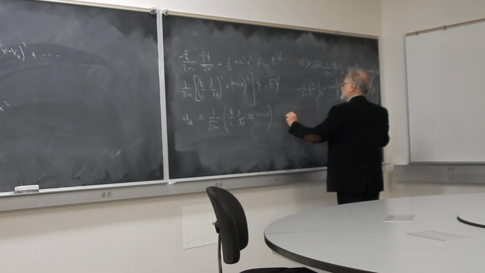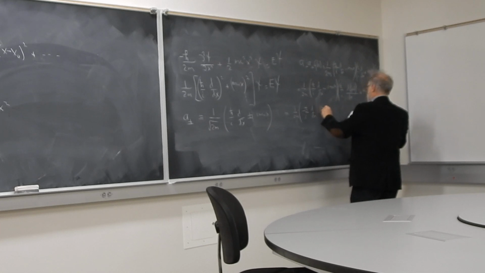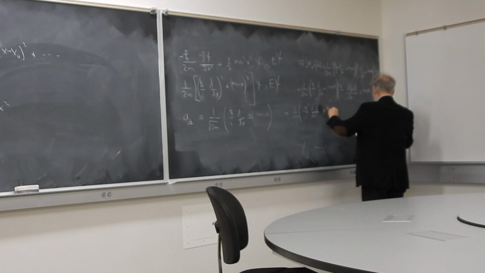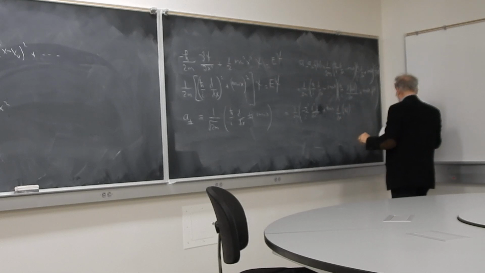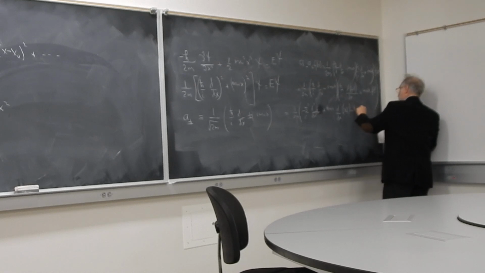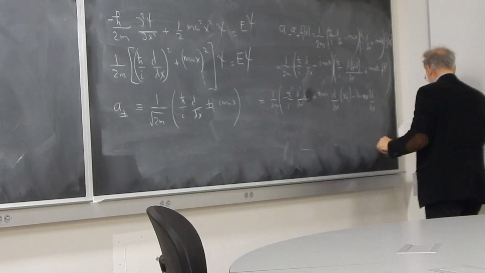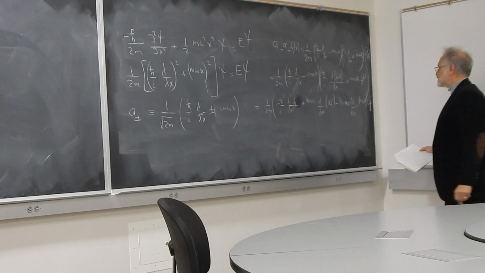Having done that, now I can rewrite this as 1 over 2m times minus h bar over i d/dx second derivative of minus h bar squared, second derivative of f with respect to x, plus h bar m omega d/dx times xf, minus h bar omega times mx df/dx plus (m omega x) squared times f.